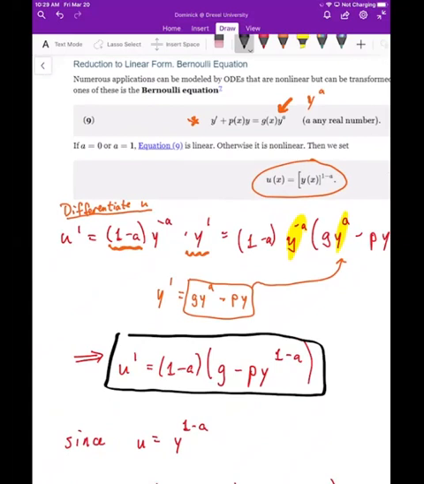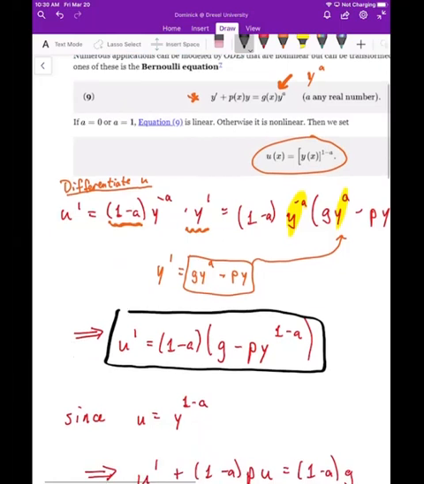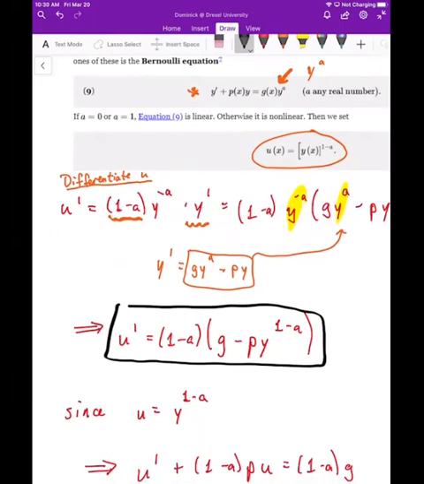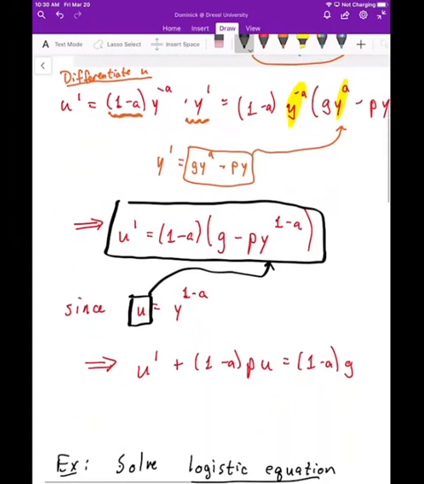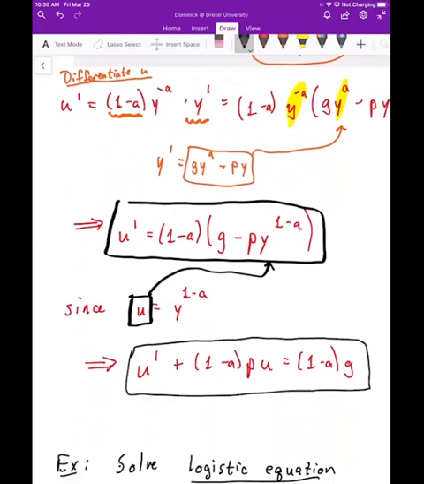And then we can use the fact that we made our original substitution up here that u was equal to y to the 1 minus a. So we're going to plug this u in for this y to the 1 minus a. And then once you move some stuff around, you can eventually arrive at this equation, which of course is now linear, right? So this is now a linear ODE.